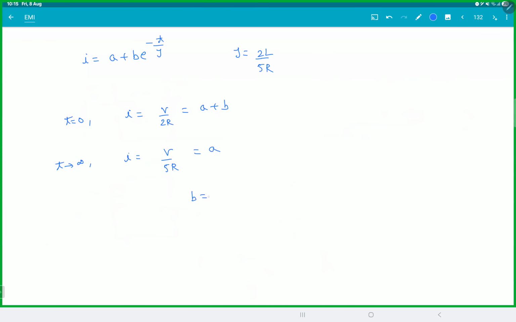So B will be 3V by 10R. Therefore, current will be V by 2R plus 3V by 10R e power minus 5Rt by 12. Check. Clear with the steps. The biggest headache is finding the current at infinity. Clear?